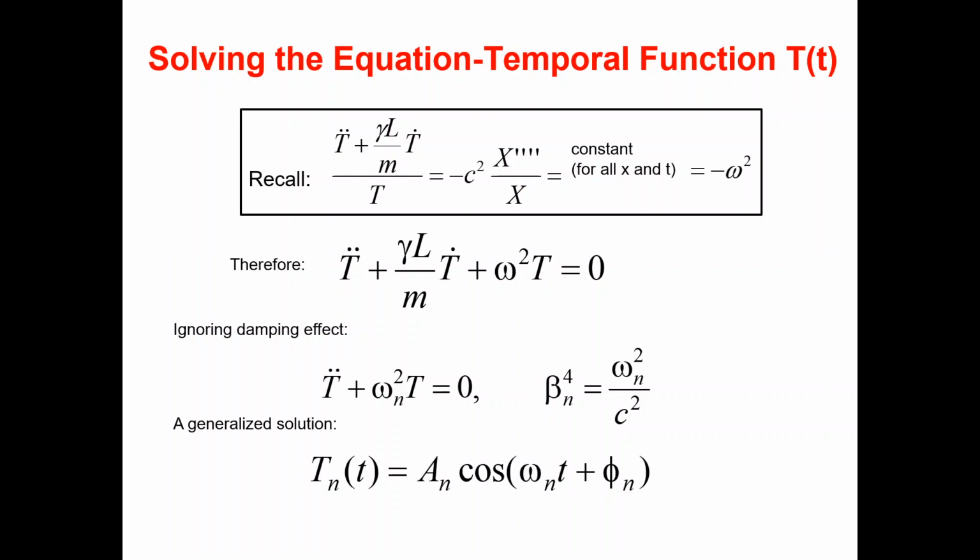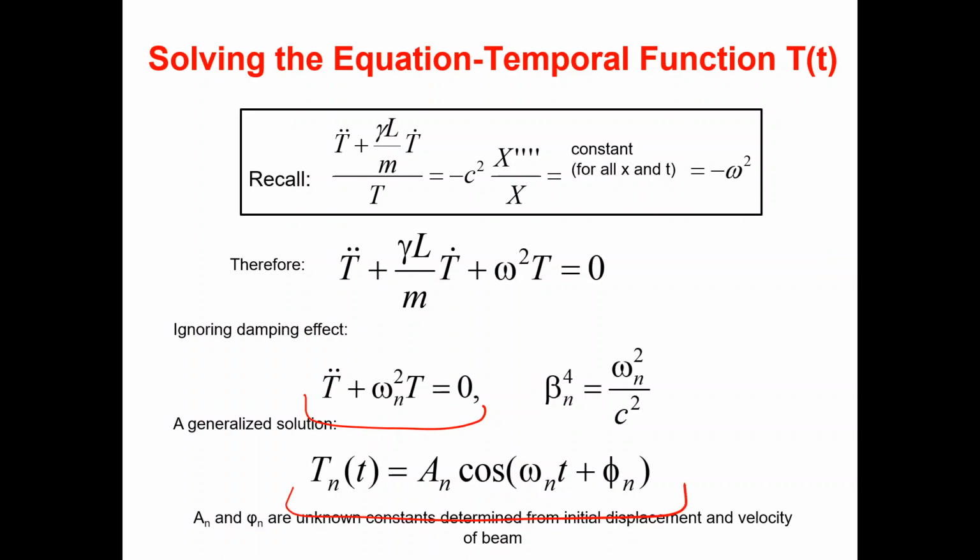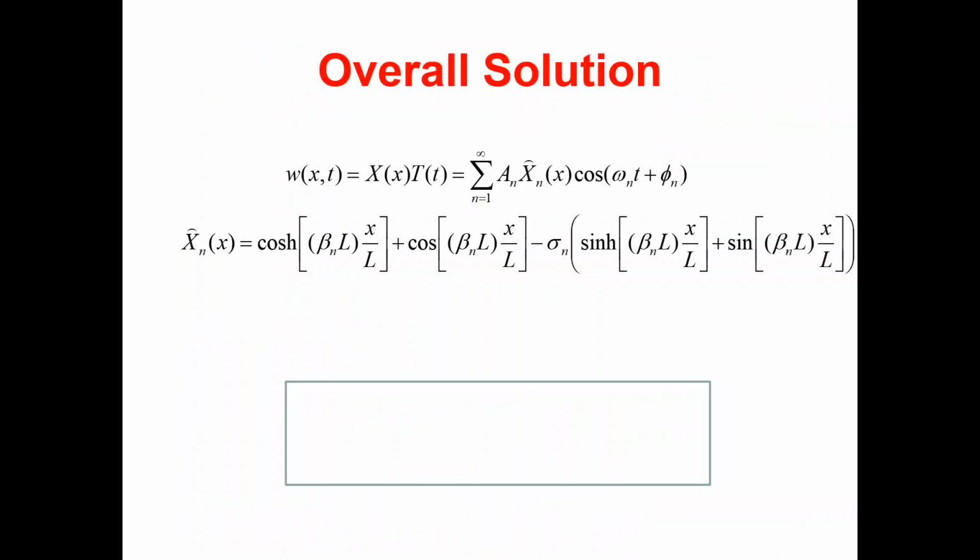So a general solution for this type of problem is going to look like this, in which you have the general phase shift and everything that you want to find. An and phi n are the unknown constants that are going to be determined with the initial displacement and the velocity of the beam, right?